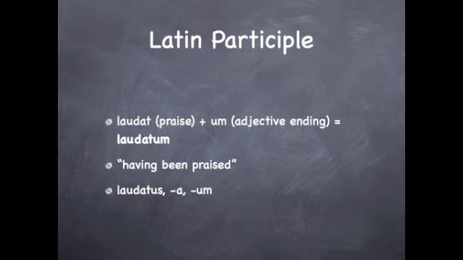And laudatum, with a um at the end, is referring to a thing. If we want to talk about a masculine noun or simply a guy, we can say laudatus, and it declines. Laudatus, laudati, laudato, laudatum, laudato, laudati, laudatorum, laudatis, laudatos, laudatis. Just like you would see with any other kind of adjective.